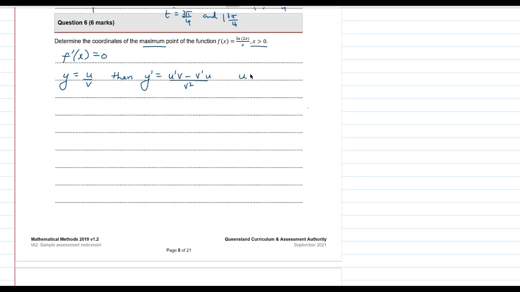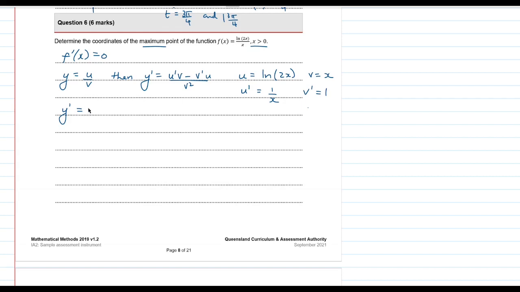So in this case, our u is ln 2x and our v is x. Our u dash will be the derivative of the bracket over the bracket itself, which simplifies to 1 over x, and v dash is just 1. So let's write this in the quotient rule formula.